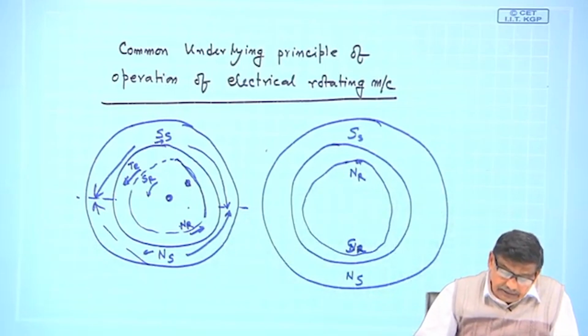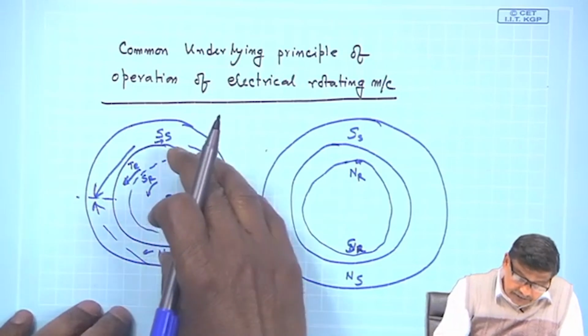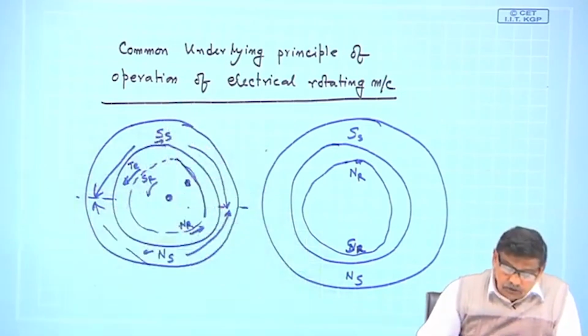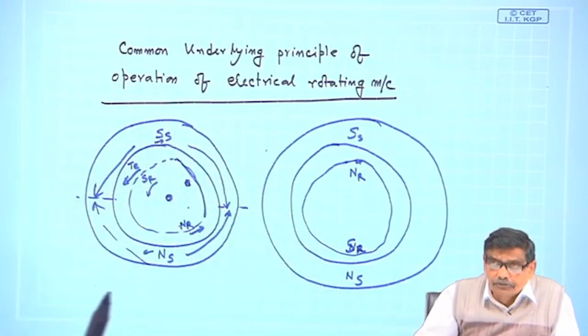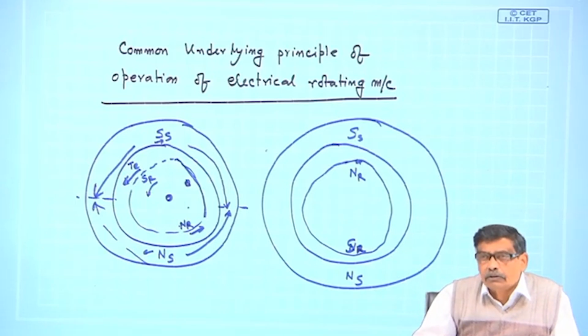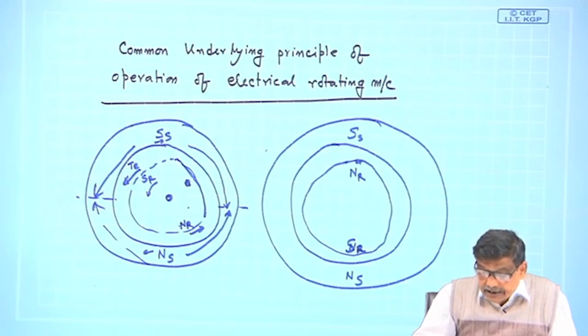Now, the question is then what I will demand from this set of poles of the stator and rotor, so that the rotor will be also rotating and a sustained torque of constant magnitude will be produced. So, a sustained torque of constant magnitude is to be produced.